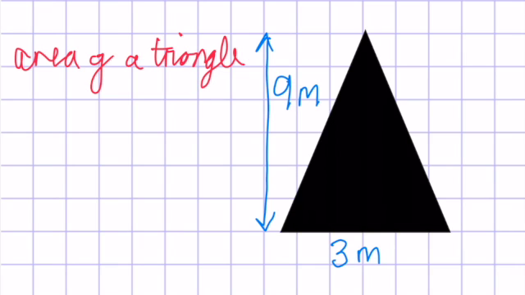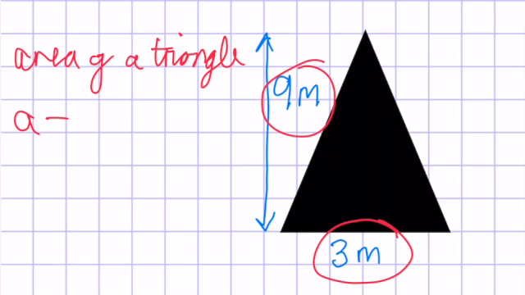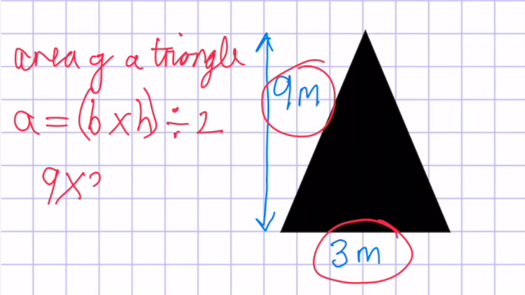Now, to find the area of the triangle, you multiply the base by the height, and then you have to half your answer. A stands for area, and that's what that looks like as an equation. Base times height first in brackets, divided by 2. So 9 times 3 equals 27.